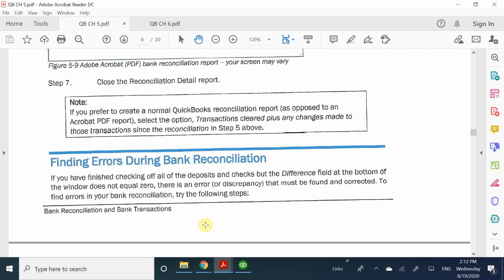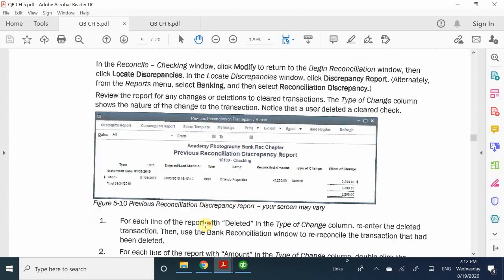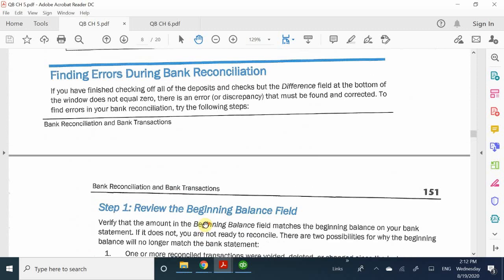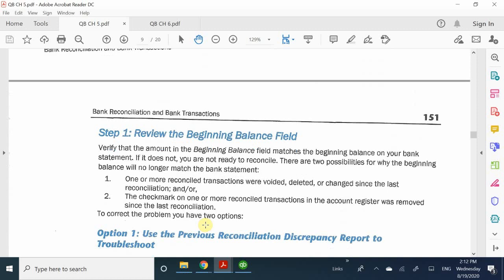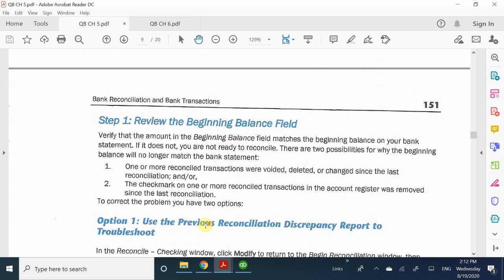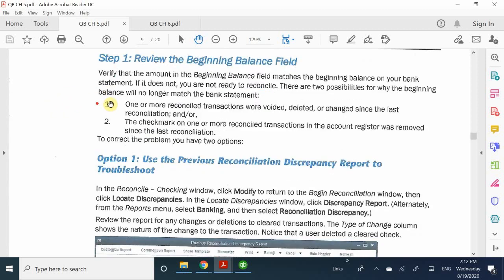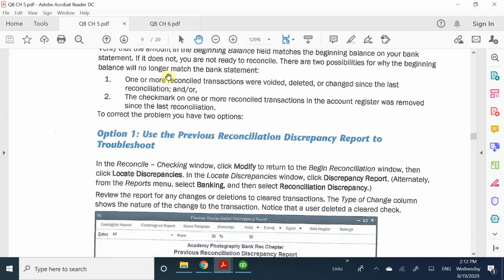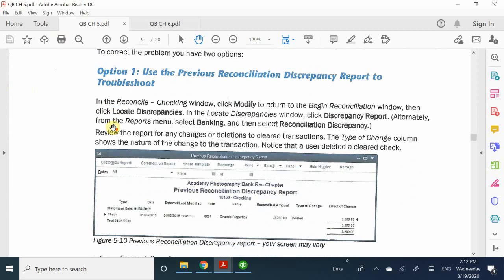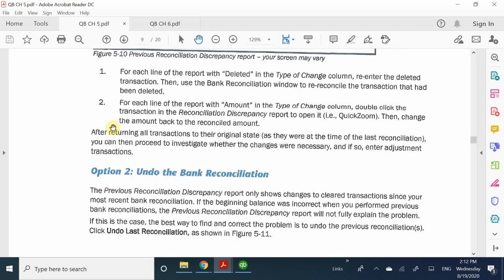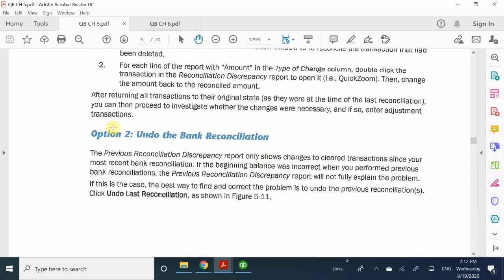So here, finding errors, which I've already discussed, there are two ways that you can look for them. It's either you use the locate discrepancy window, or you can go ahead and undo it and then re-enter it again. Okay, so make sure you read up on these because there are two different options that you should explore. But in this case, it's pretty straightforward.